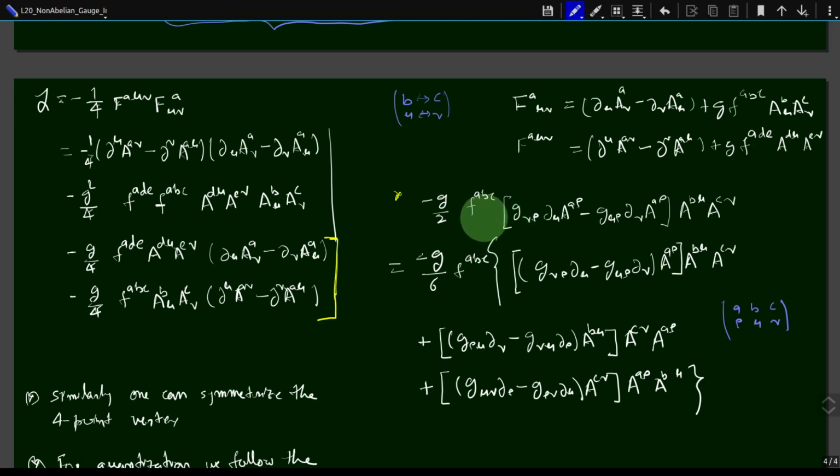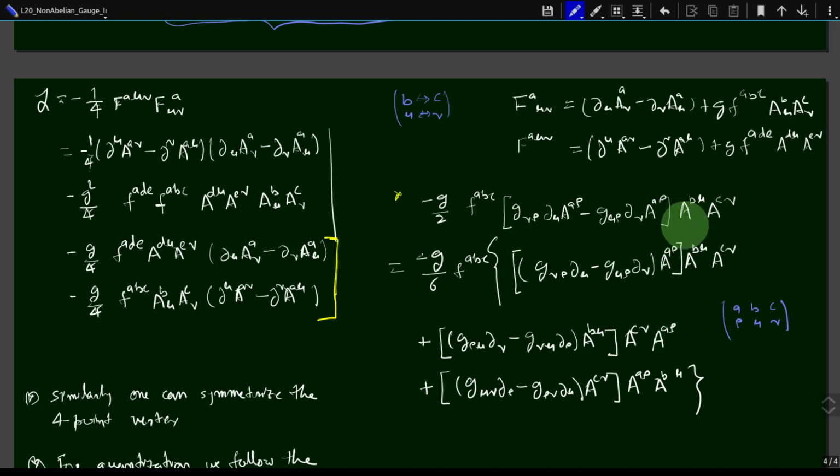So this is symmetric under exchange of these two guys, and that makes sense, because if you exchange two bosons, and this is supposed to represent bosons, then you should not get an additional sign. Perfect, amazing. So what is happening here is that I can exchange these two guys, but what about exchanging A mu rho with A b mu? Why these two guys, or why not this and this?